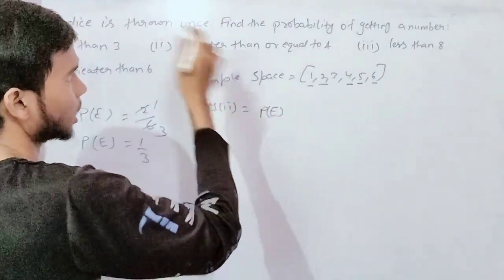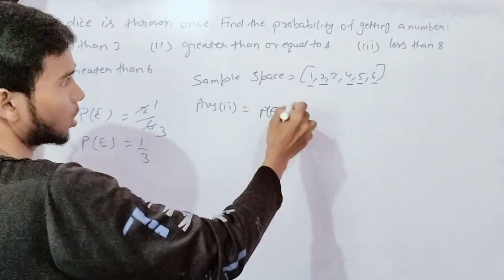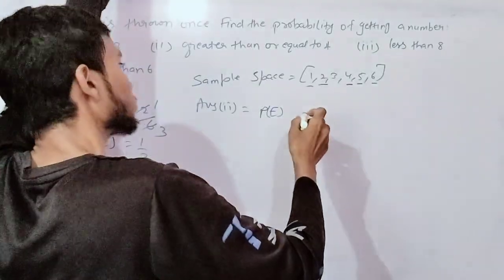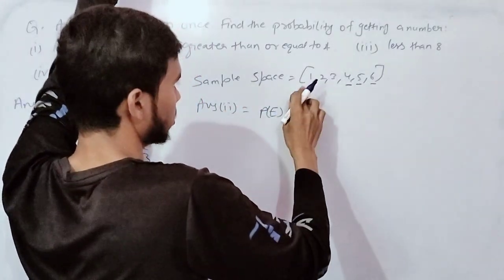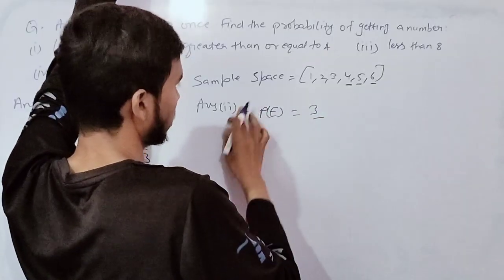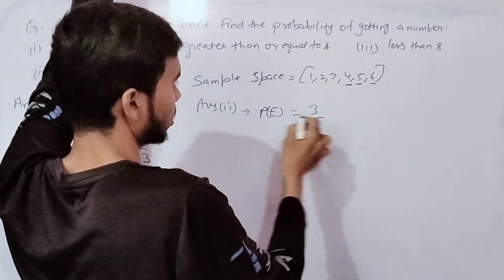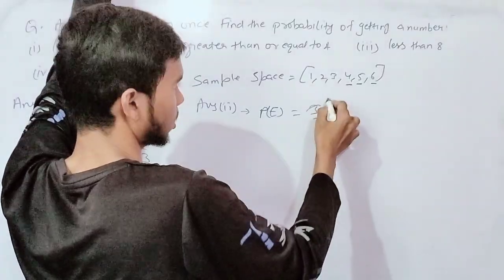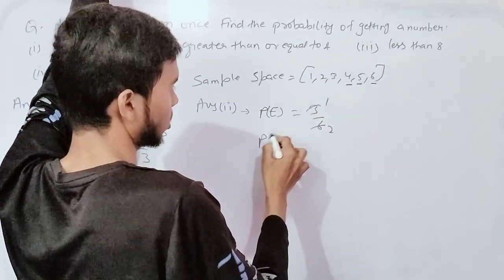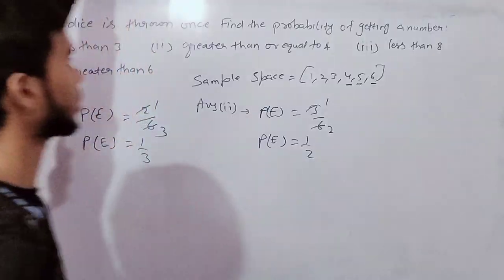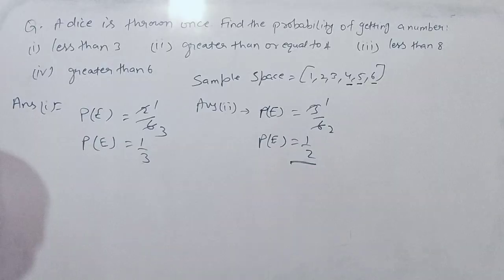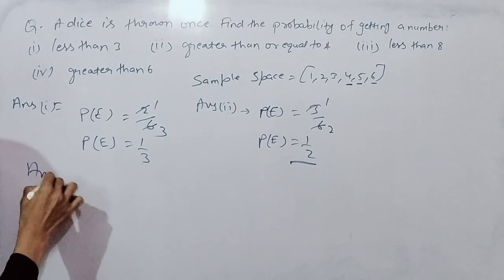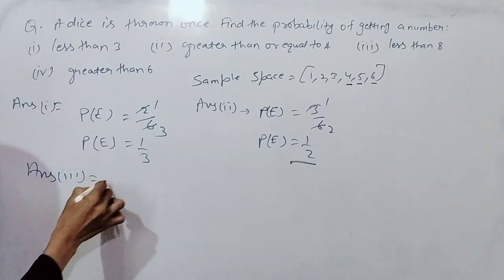So probability of greater than or equal to 4 would be how much? 3 upon 6, which is 1 upon 2. This probability can also come in decimal, 0.5.